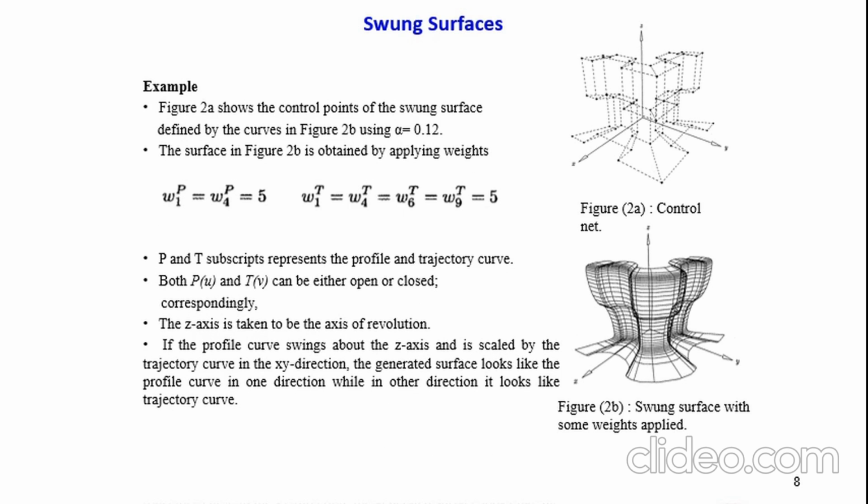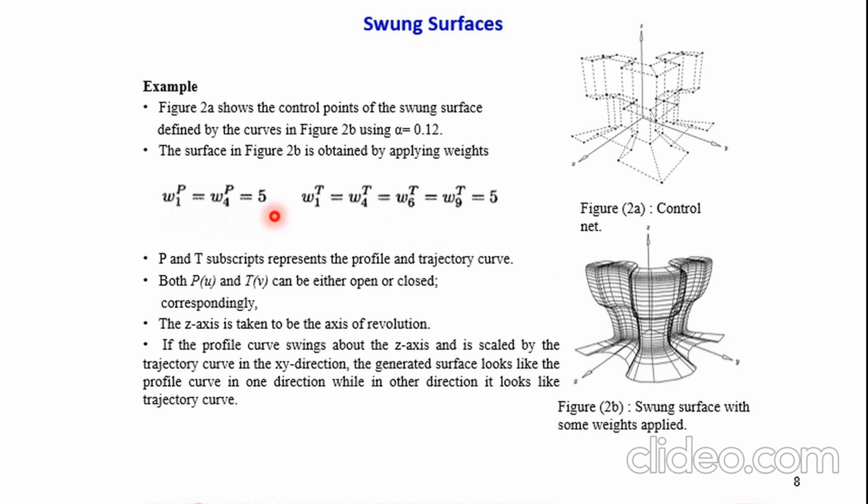Here is an example of the sunk surface. You can see the control points here. Figure 2a shows the control points of the sunk surface. After the rotation of the control points, you can see in figure 2b, when the weights are applied and using alpha equal to 0.12, the new sunk surface.